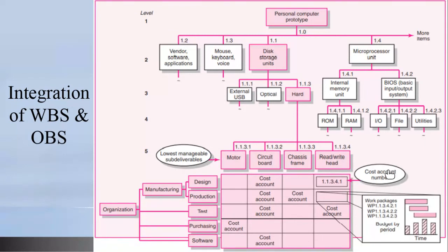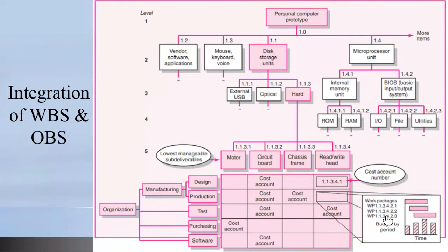So if you look here, it says your cost account number. That is the number for each of your work packages is 1.1. Each of them will have a unique number, but it's 5 digits. And that's why when you look over here, you will see each work package having a number, 5 digits.